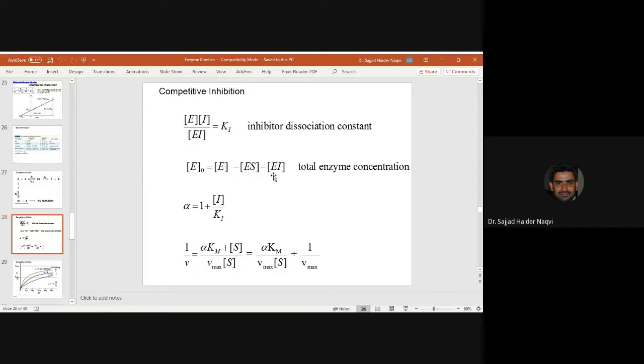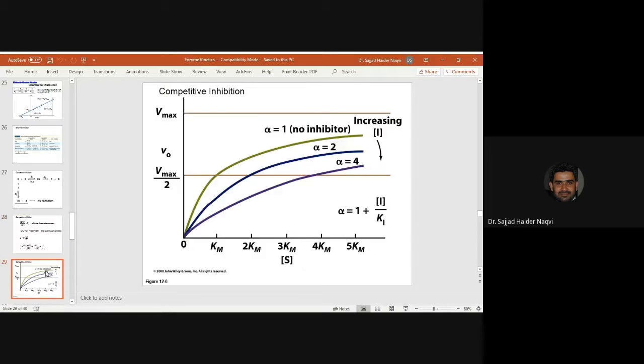So in this case, one can say that this coefficient, alpha, will be equivalent to 1 plus the total concentration of the inhibitor divided by the inhibitor dissociation constant. And if we substitute that value in the equation of the Lineweaver-Burk plot, we get 1 over V equals alpha Km substrate divided by Vmax into S, which is rearranged into alpha Km divided by Vmax S plus 1 upon Vmax.